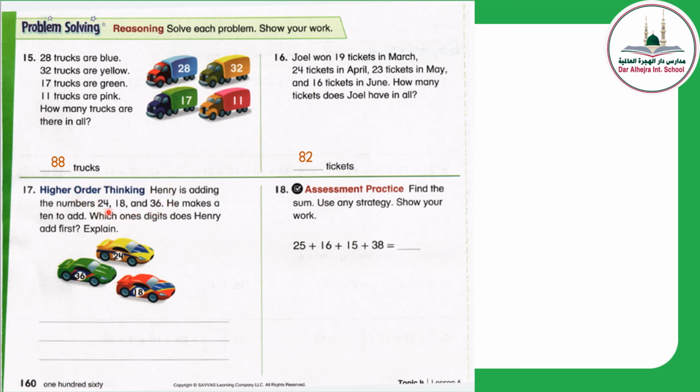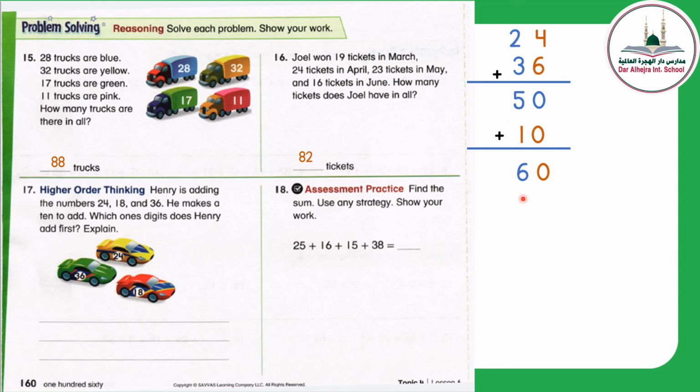I can see 4 in the ones place here and 8 in the ones place and 6 in the ones place here. If I add these 2 addends first, like 6 and 4, I can make a 10. So I'll be adding these 2 addends first, like this. 24 plus 36. Now I'll add the tens. 2 and 3 makes 50, 6 and 4 make a 10, 50 and 10 makes 60.